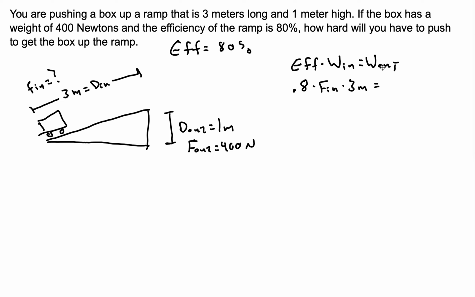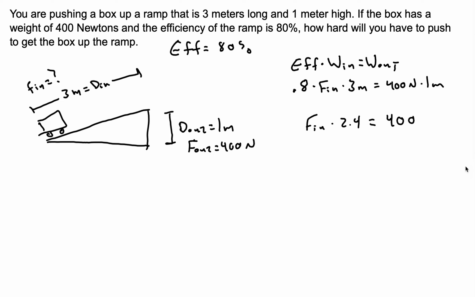And that has to equal the output force. Well, the output force is 400 newtons. Times the output distance, that's 1 meter. So we'll times 3 times 0.8. And we'll get the force input times 2.4 is going to equal 400. Because 400 times 1 is just 400.